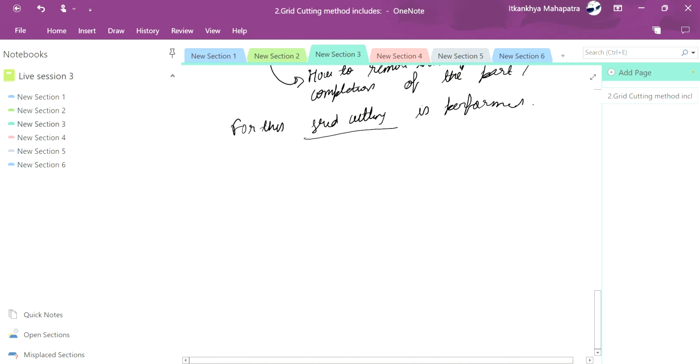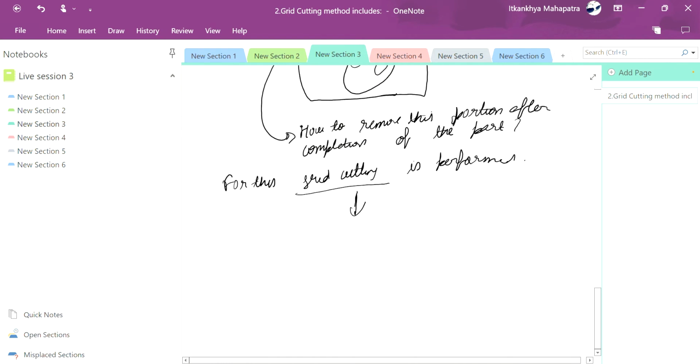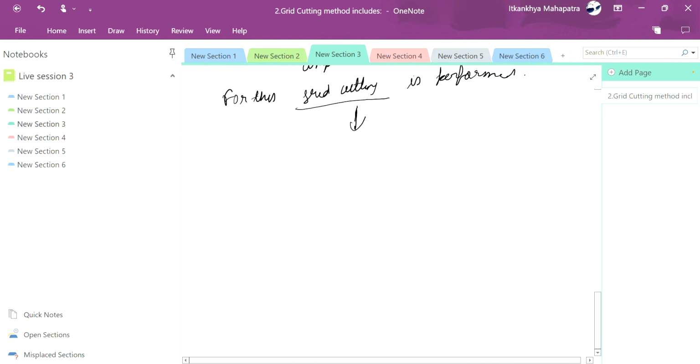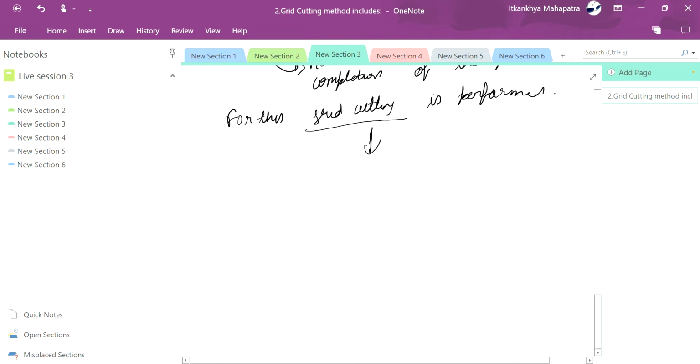As we have seen in the lectures, it is a combination of X and Y passes.